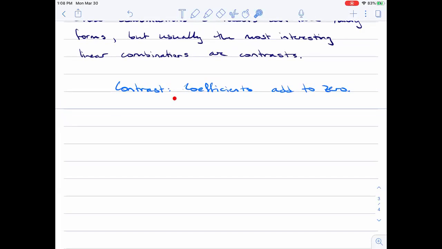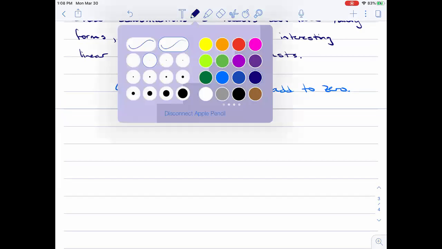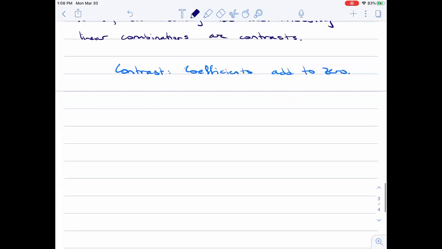So the contrast is when the coefficients add to 0. If we have a contrast, then C1 plus C2 plus all the way up to Ci must be 0.